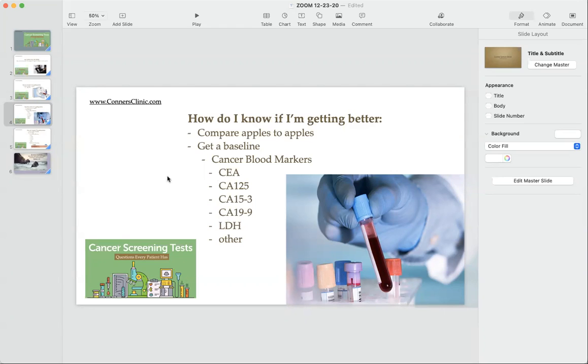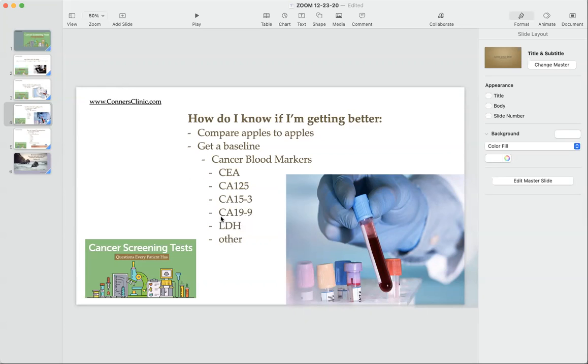Quite often, not always, it spills a lot of that marker. So let's say their CA 19.9 was elevated slightly, and then they start chemotherapy and get another CA 19.9 done, maybe by their local doctor. It could show highly elevated if the cancer is dying quickly. If the cancer is going through cell lysis, so there's a lot of cell death of those cancer cells, it can spill a lot of that marker, so it will show highly elevated.